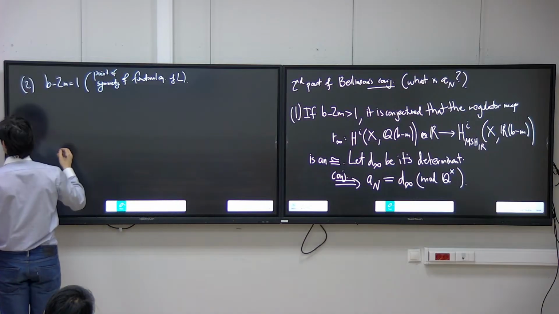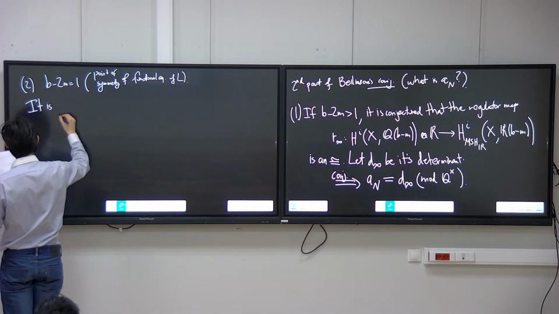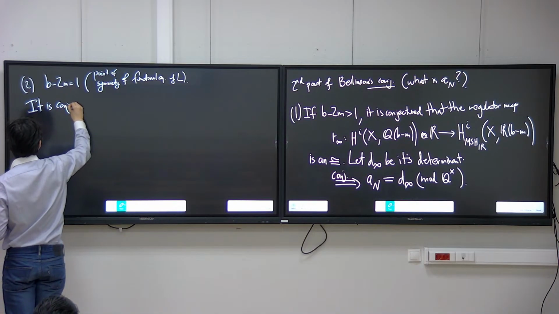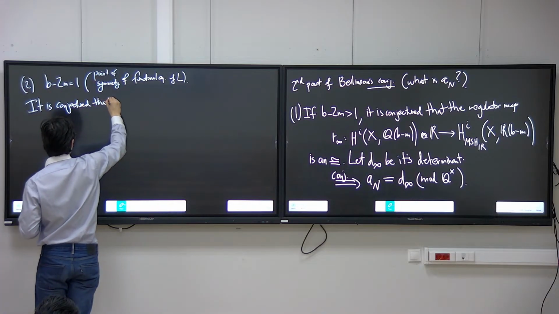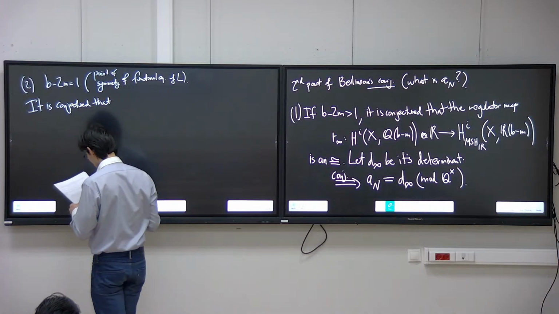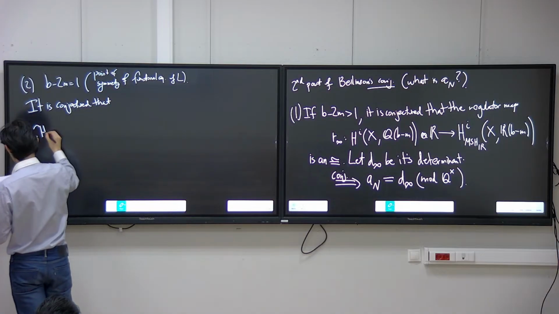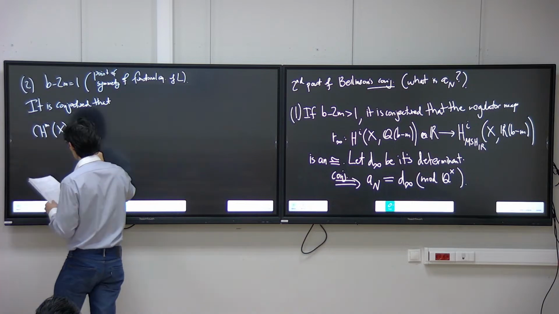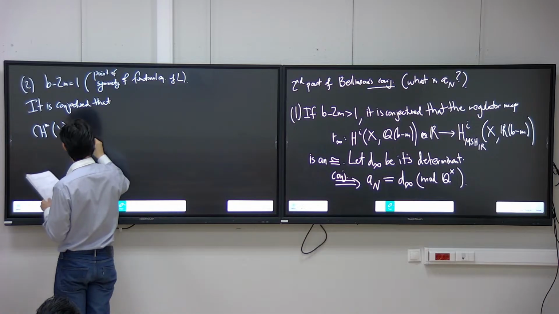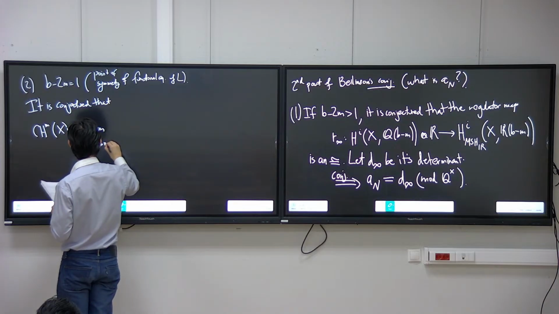So in this case, it is conjectured that this map, so it's a big map. On the one hand, I have the rational Chow group, quotiented out by cohomological equivalence.